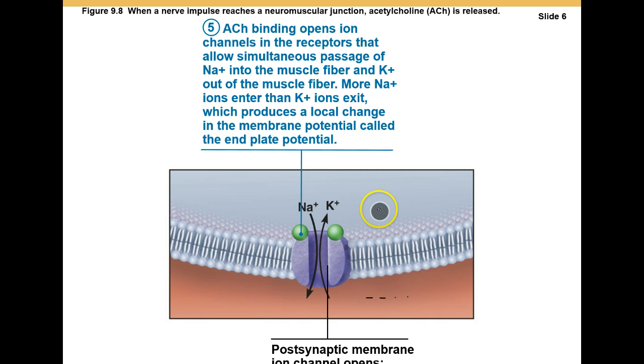The outside of the cell is going to be positively charged. And so these will rush into the cell. Now, potassium will have a tendency to leave, but far more sodium is going to come in than potassium will leave. But this is going to be enough that we begin to change the electrical charge across the membrane. The inside starts to become much more positive compared to the outside.